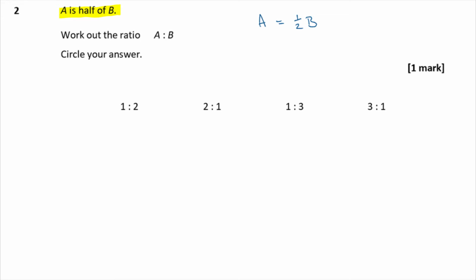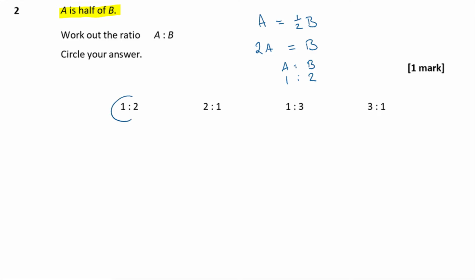Multiplying both sides by 2, I'm going to get 2a equals b then, aren't I? That's the relationship between a and b. Okay? So if 2a is equal to b, then b is going to be equal to 2 lots of a then. So if I made a 1, then b would be 2 lots of 1, b would be 2. So the ratio of a to b is 1 to 2.